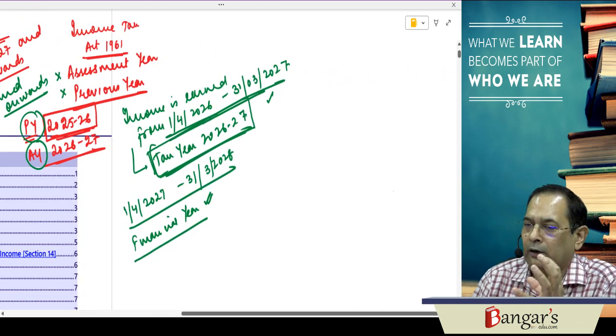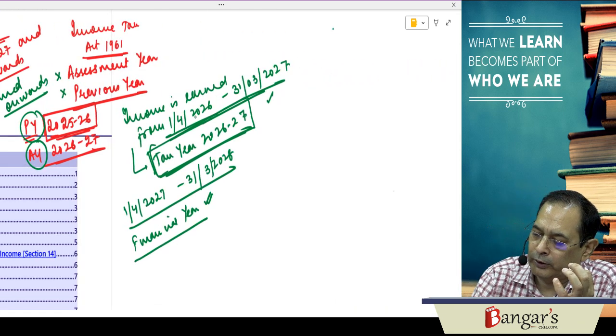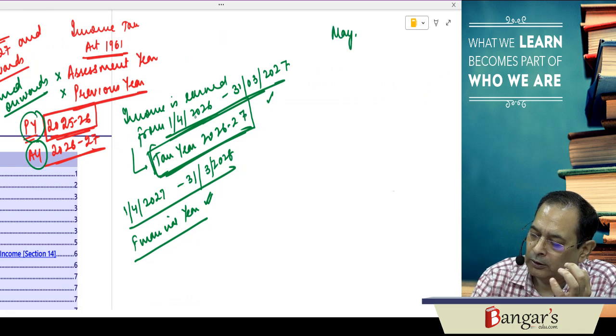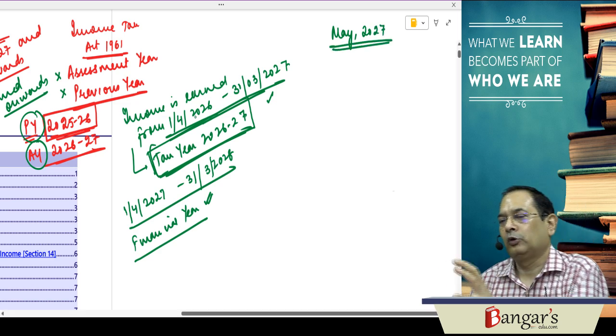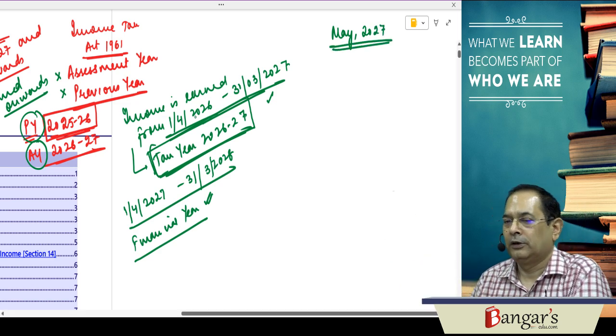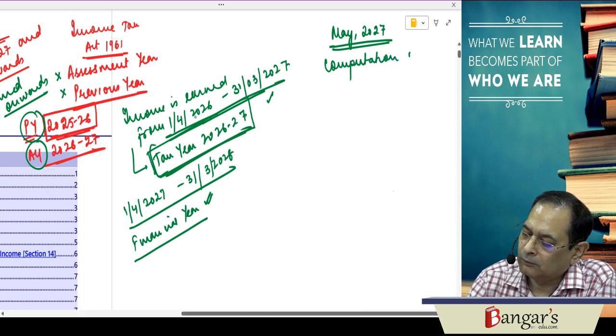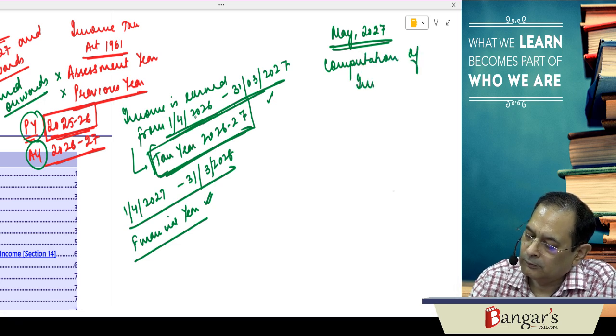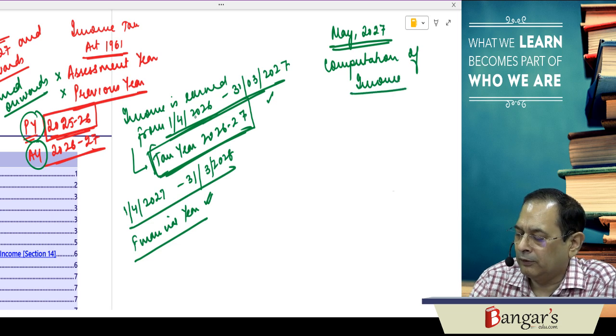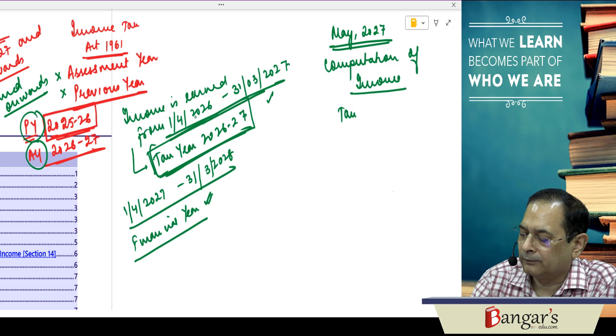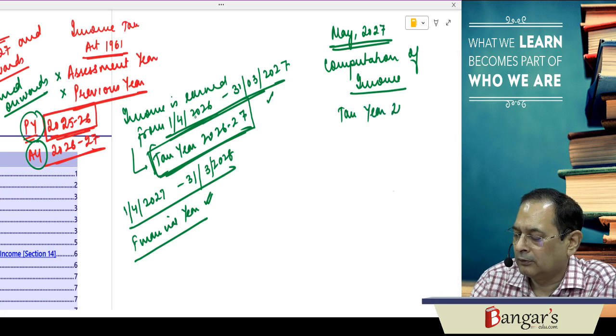So for the students who will be writing their examination in May 2027 and onwards, the computation will be of the income of tax year 26-27.